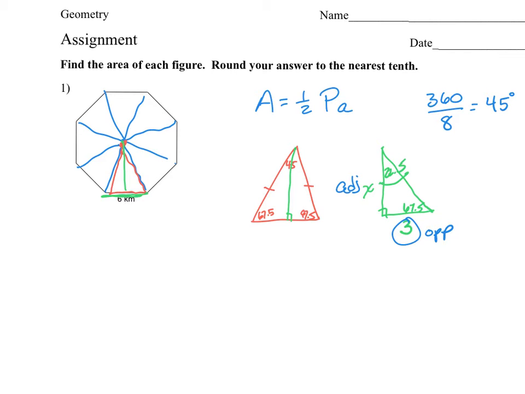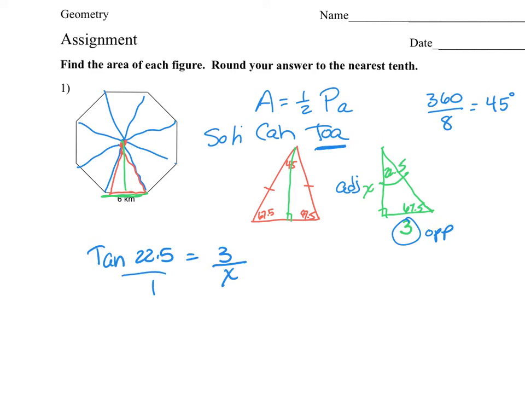So when I look at SOHCAHTOA, which one has opposite and adjacent? The tangent. So I'm going to say tangent of 22.5 equals the opposite over the adjacent.